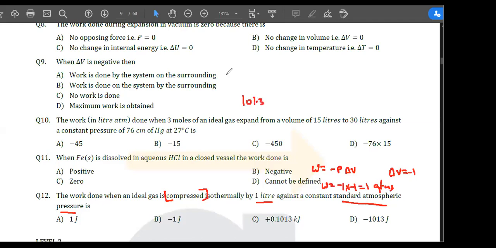In order to convert atm liter into joule, multiply your answer with 101.3. Got it? As simple as that. So what will be the answer? It is this, because it is your kilojoule. Got it? Okay.